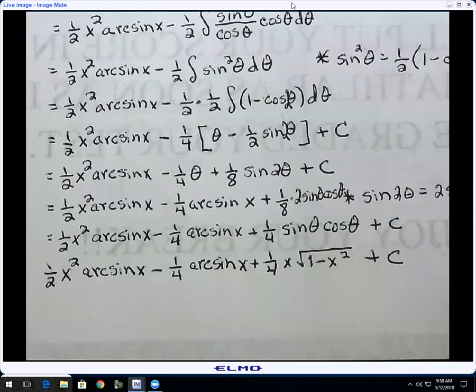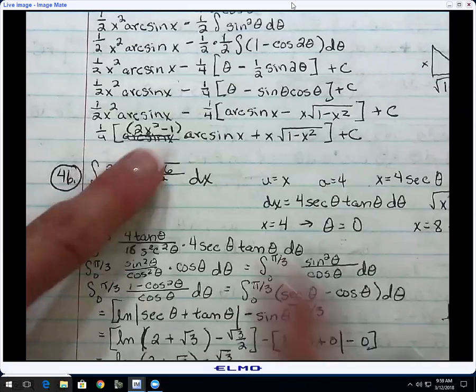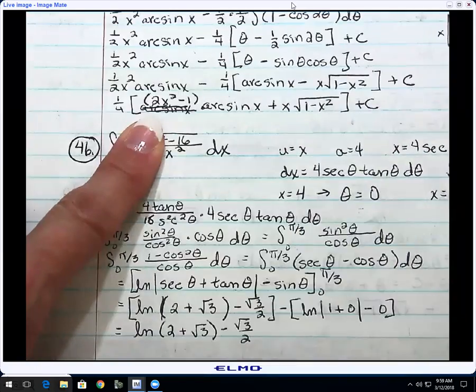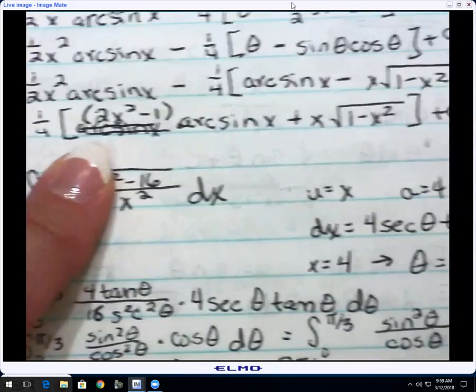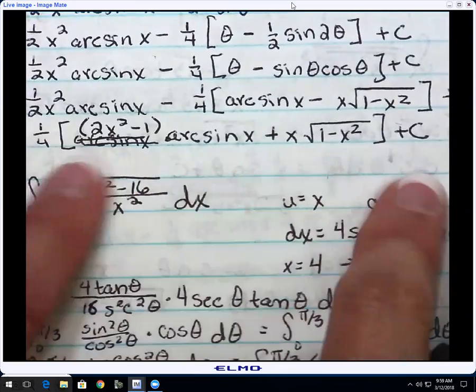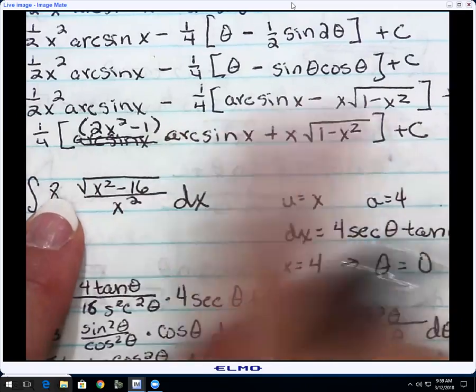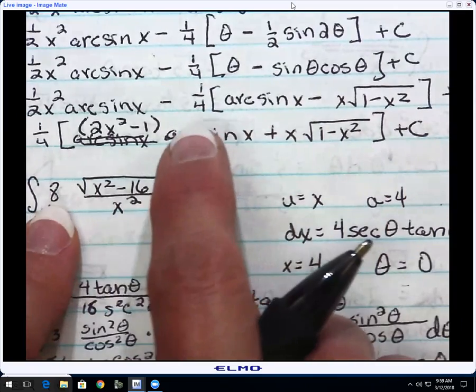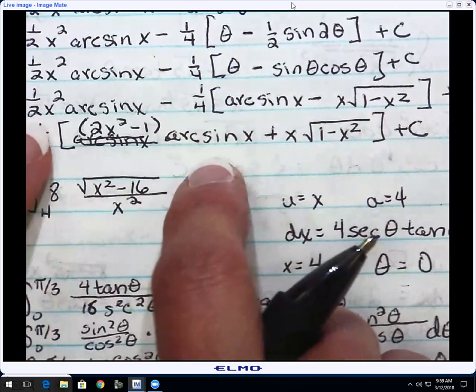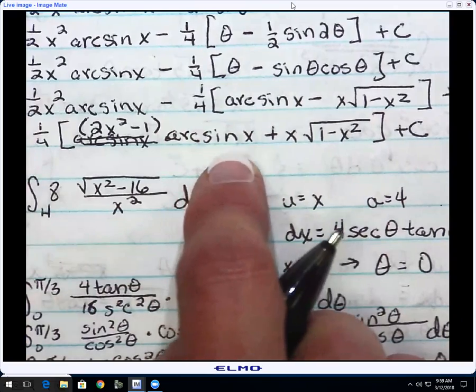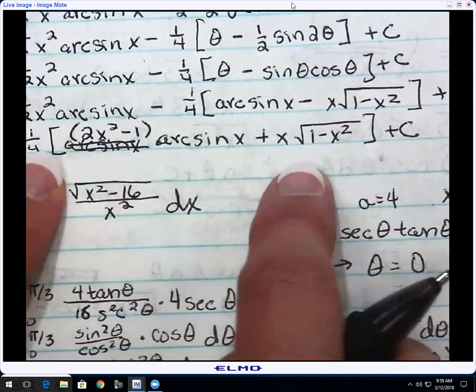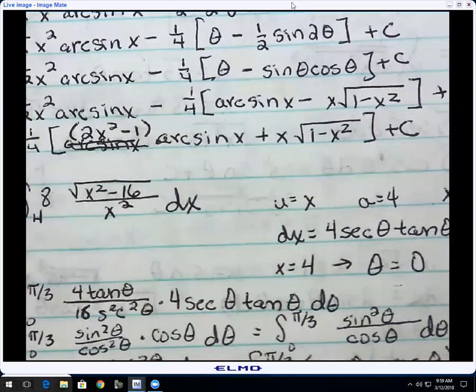That is 100% okay. It took me a minute to figure out why they had this in the back of the book. And on the test, I don't care if you get this step or not, but once they cleared out the brackets, they factored out an arcsine. Actually, they factored out a 1/2 arcsine, and it does give you that. But don't worry about that.